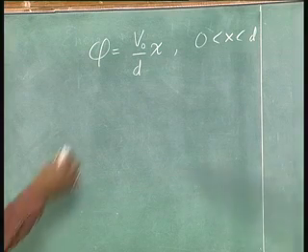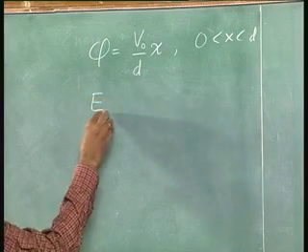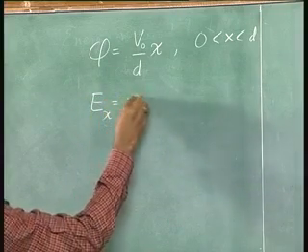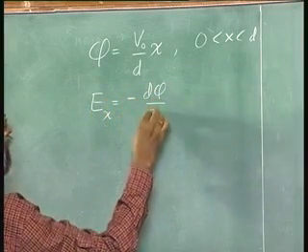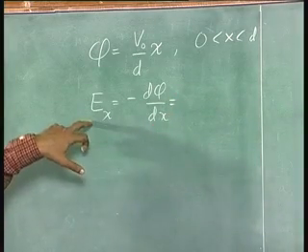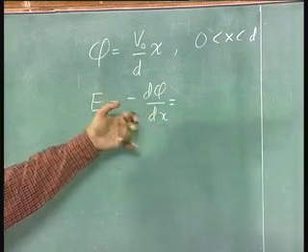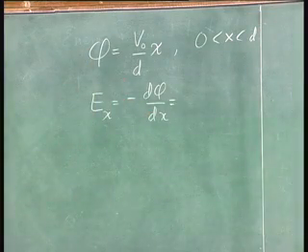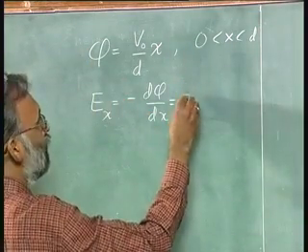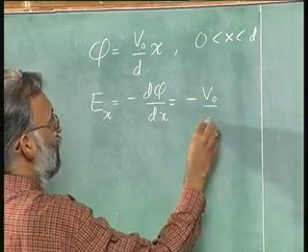So, from this I can find out the electric field. The electric field is minus the gradient of phi, but here only one direction matters. So, it is minus d phi dx. So, it becomes equal to minus V naught over d.